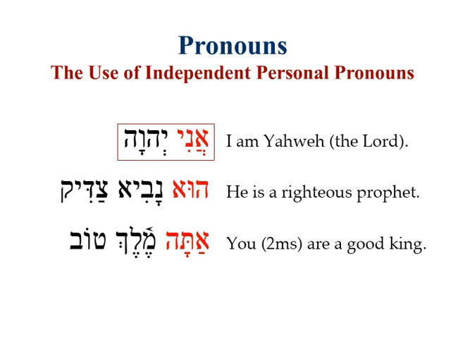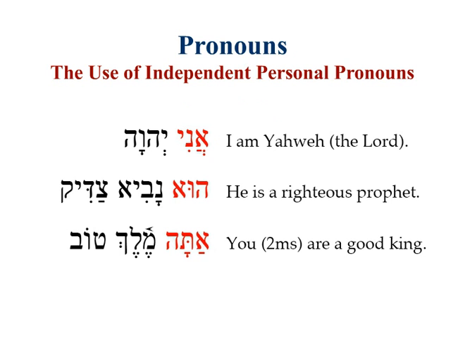The independent personal pronoun is the first common singular. In this example, it is functioning as a subject pronoun. Notice that in the translation, I am the Lord, we have supplied a present tense of the verb to be.